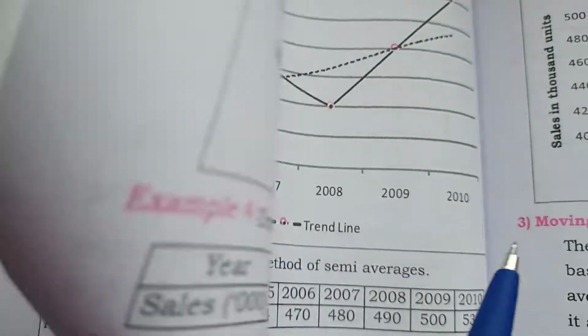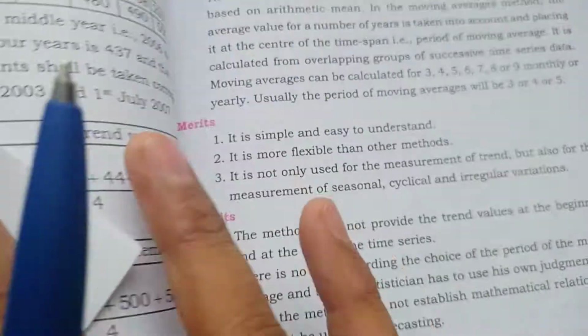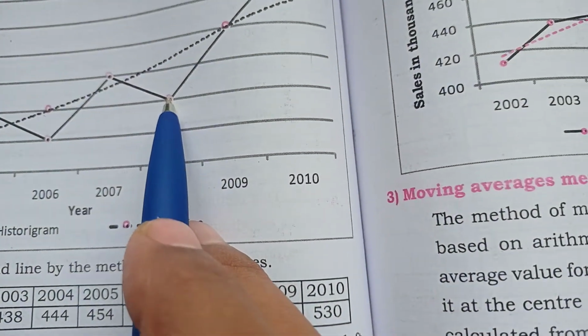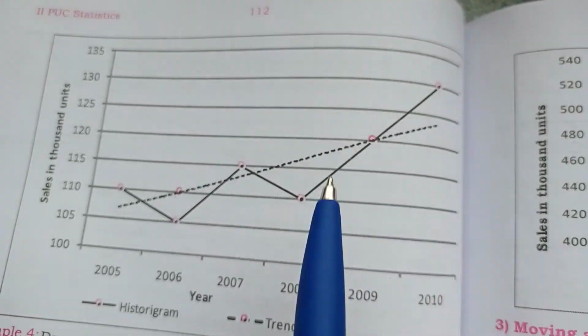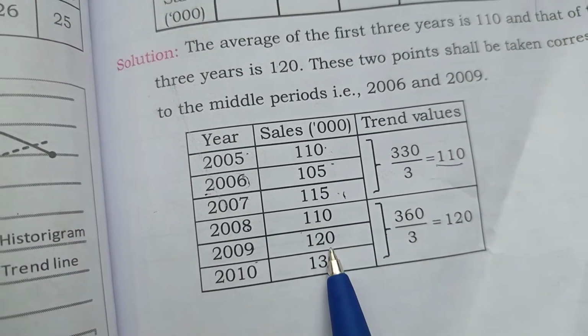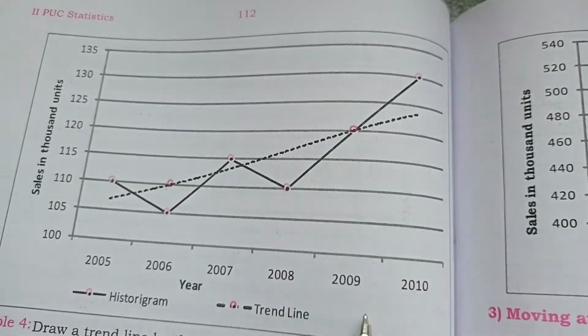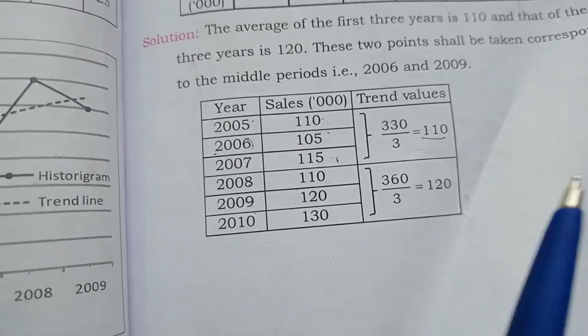Next, what is the 2008 value? The 2008 value is 110. I have written 110 here. What is the 2009 value? The 2009 value is 120. I have written 120 here. And what is the 2010 value? The 2010 value is 130.